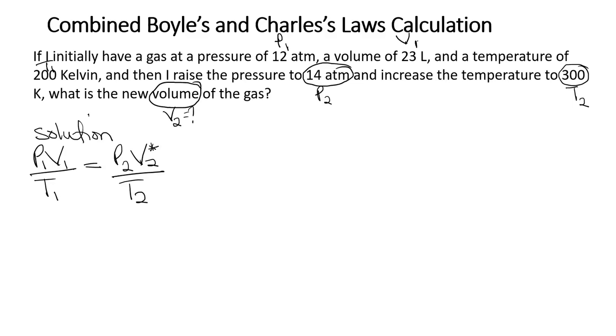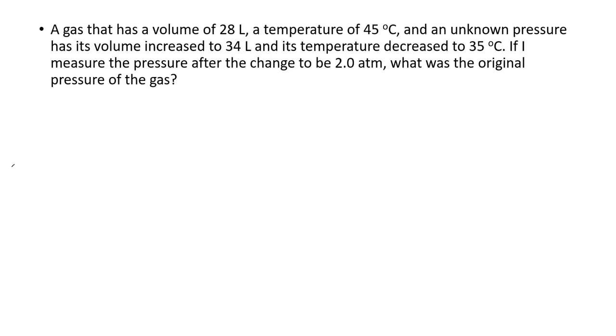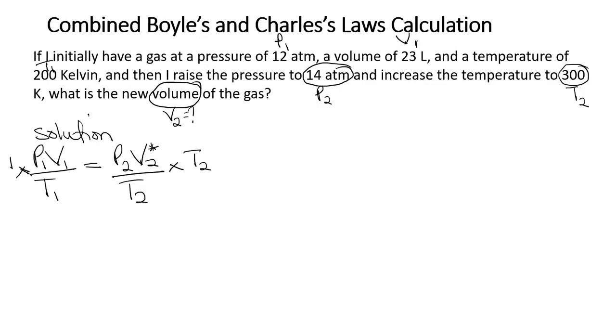So what I'm going to do is, first I'm going to multiply this by T2 so that I get rid of the T2 down there, and do the same thing this side. So this T2 will cancel with this one. So I am going to remain with P2 V2 is equal to P1 V1 T2 divided by T1.